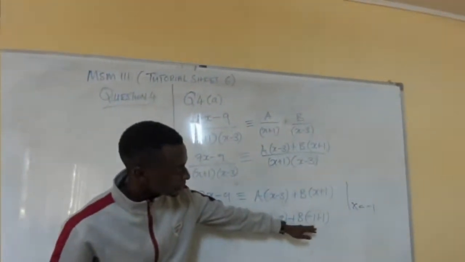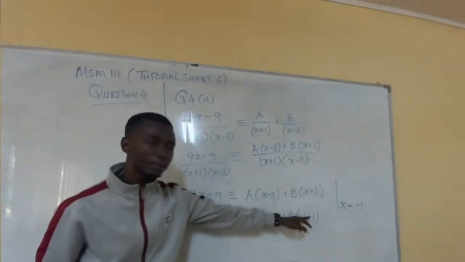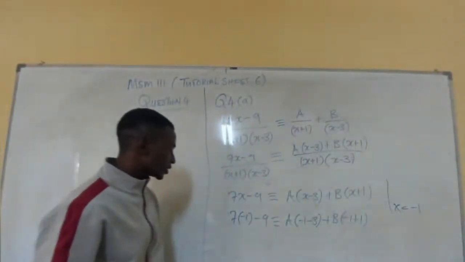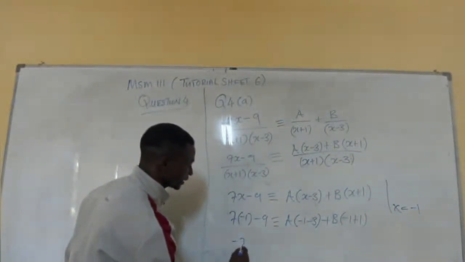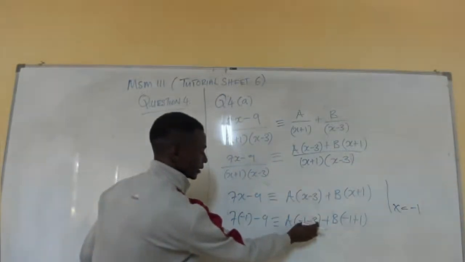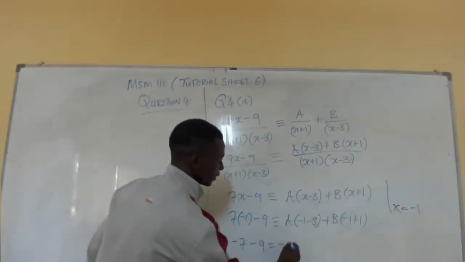So there it's automatic, b is 0. Because negative 1 plus 1, the answer is 0. So b is 0. So now it means with negative 7 minus 9 equal to negative 4a.